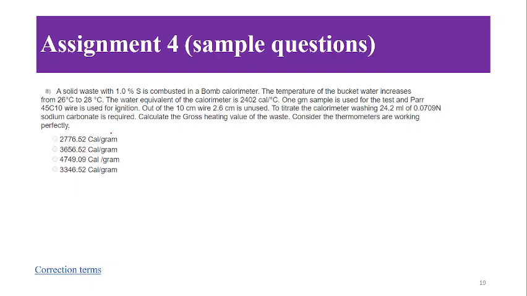So the formula is such that, as we have already discussed, HHV will be the temperature rise, which we denote as T, into the water equivalent, which is W, minus the correction values, which are E1, E2, and E3, and upon the mass of the sample.